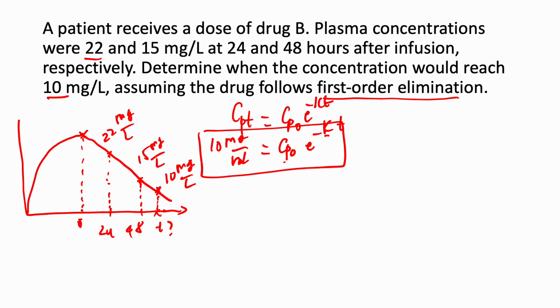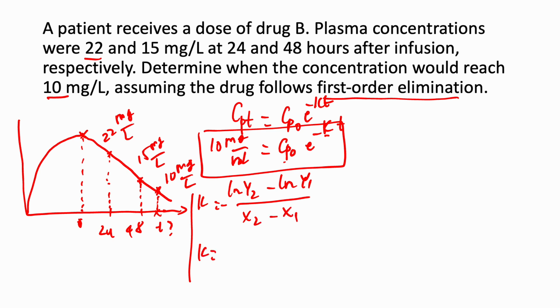To calculate K, this is first order elimination, so with any two time points you can calculate K. K is equal to the negative of natural log of y2 minus natural log of y1, divided by x2 minus x1.